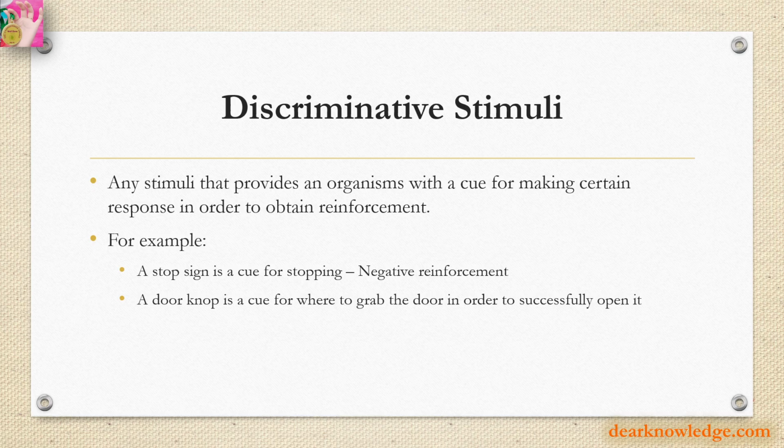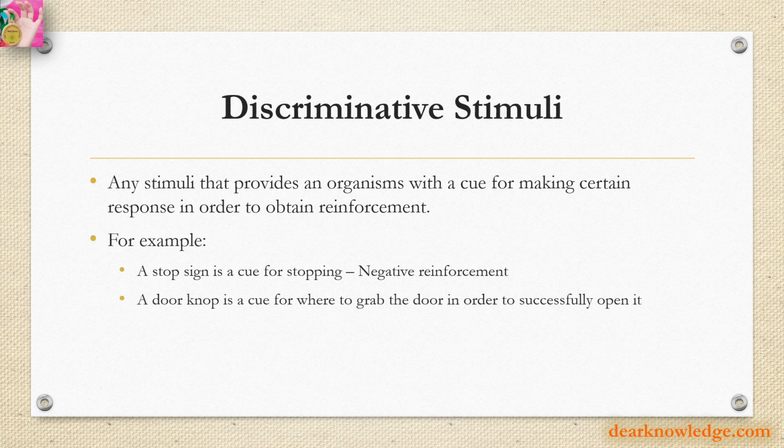For example, a stop sign is a cue for stopping, which is usually followed by negative reinforcement. Like, people don't get a ticket or don't get hit by any other vehicle, and that's the reason they stop at the stop sign. And a doorknob is a cue for where to grab the door in order to successfully open it.